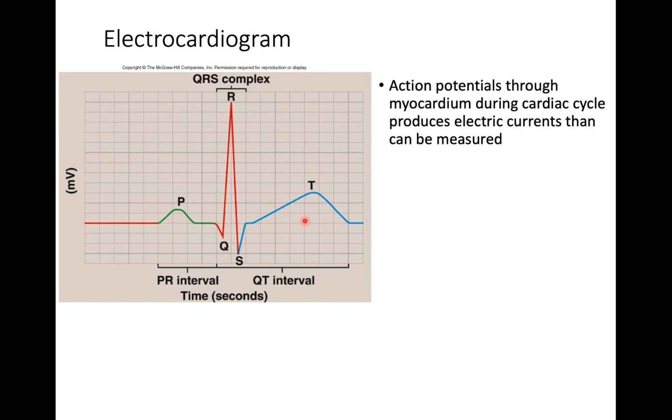So an ECG will measure action potentials, voltages moving down the heart, voltages moving up the heart. Anytime you see an upward curve, that means the direction of the voltage is moving from the atria down towards the ventricles. So a P wave and a T wave are going to be in the direction moving down towards the apex of the heart.